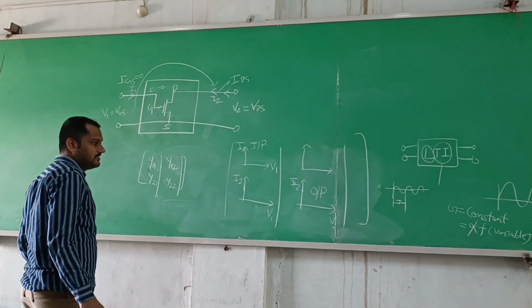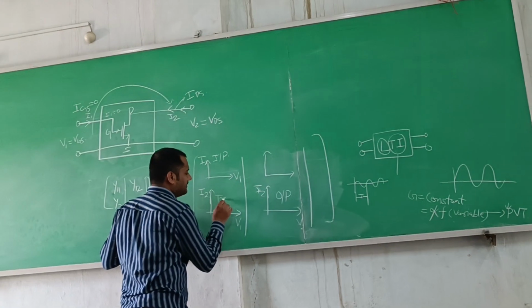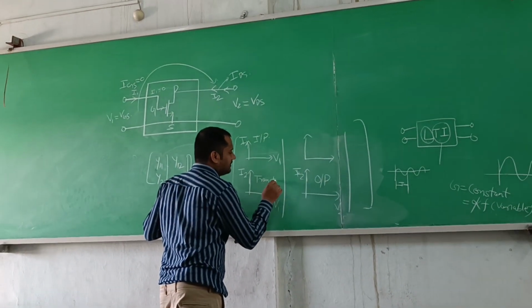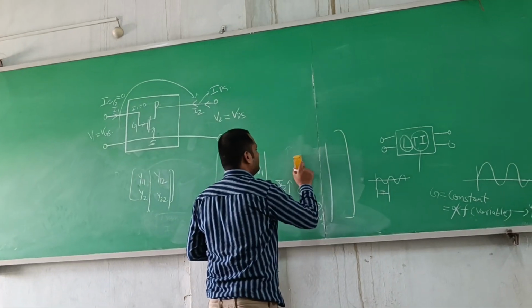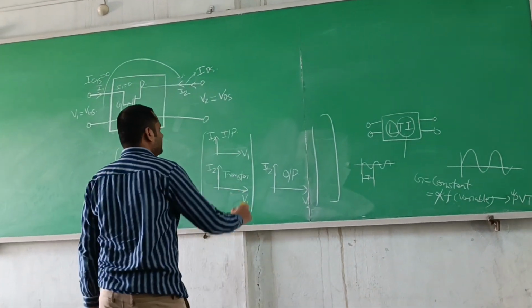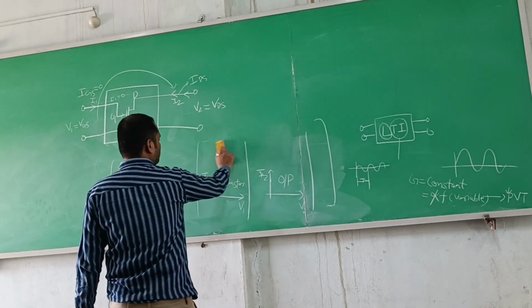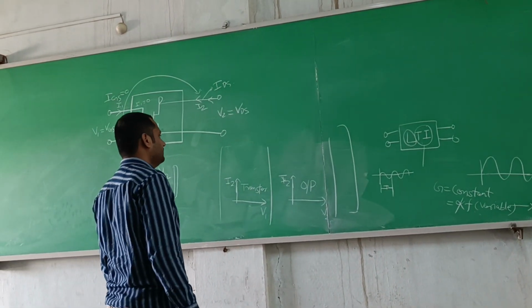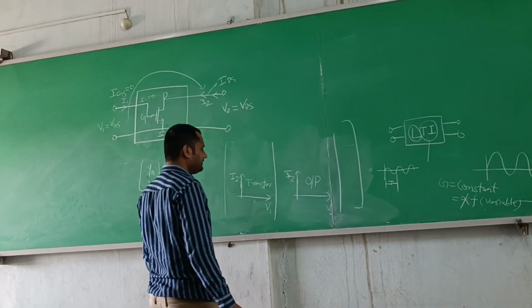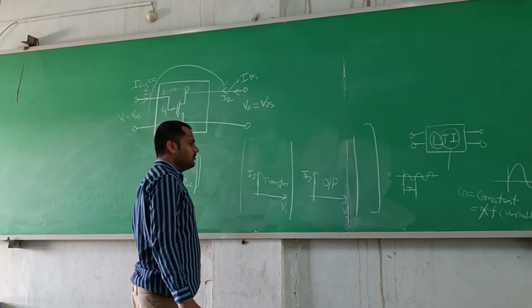This is called transfer characteristics. And this one is reverse transfer, which is not important in our case, and it is also 0. So only 2 are important for MOSFET.